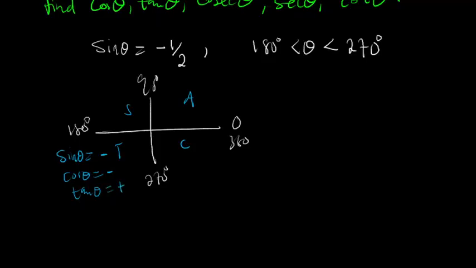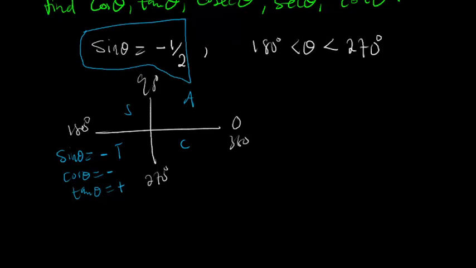Now if you look at the question given to us, we can see that it matches the quadrant, because sine theta is minus 1 over 2. So the next thing to do now is to find the other trigonometric ratios.